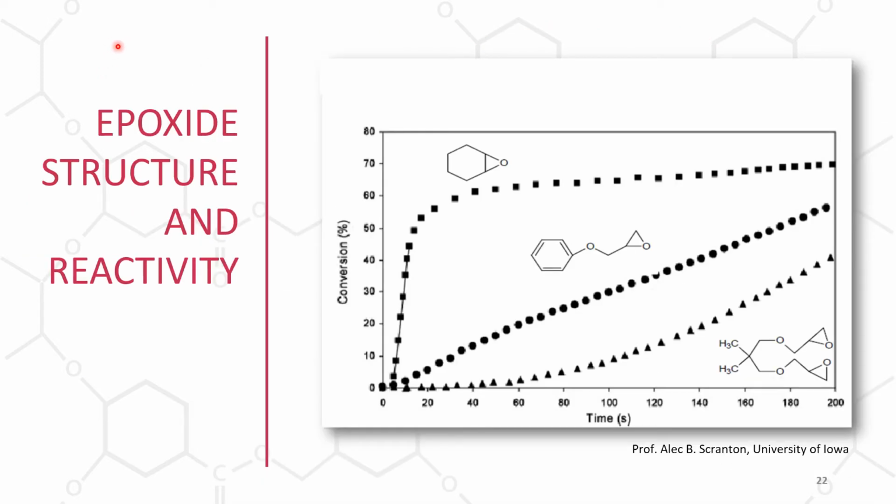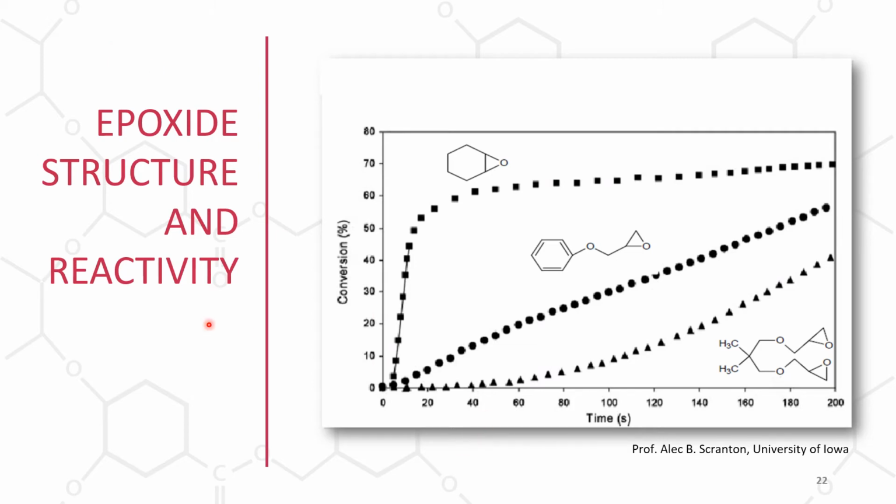With that relatively wide range of epoxides used in cationic curing, you may be asking yourself, why would cycloaliphatic epoxides be the dominant epoxide used in cationic curing systems? And I think that is illustrated well in this slide. This is work done by Professor Alex Scranton at the University of Iowa.